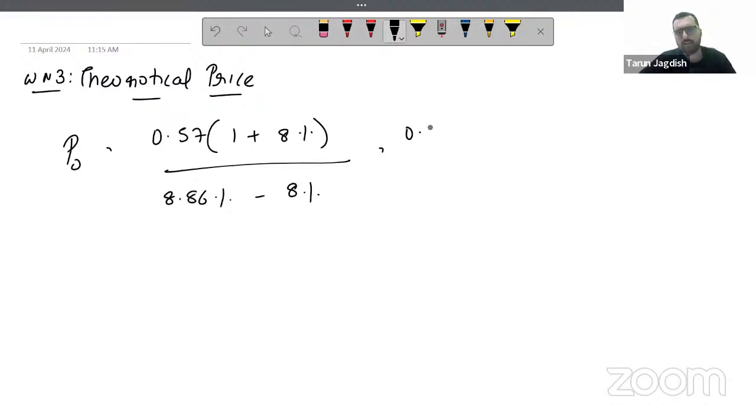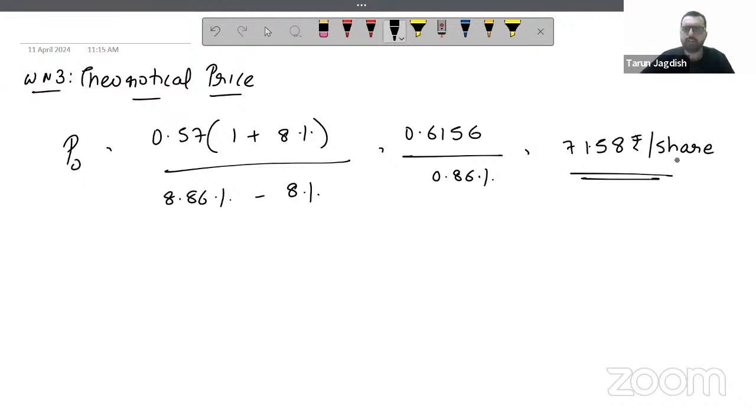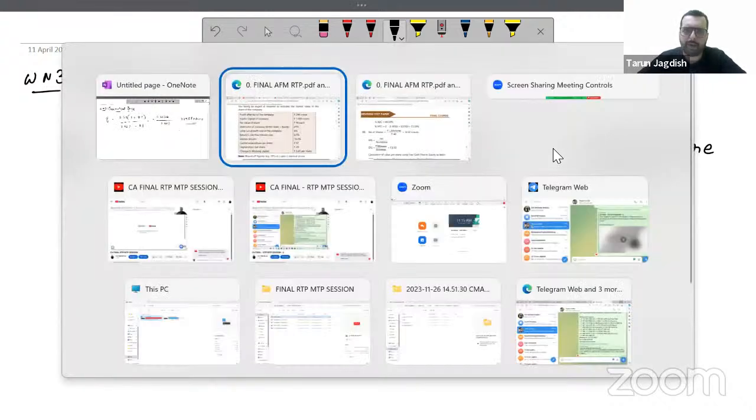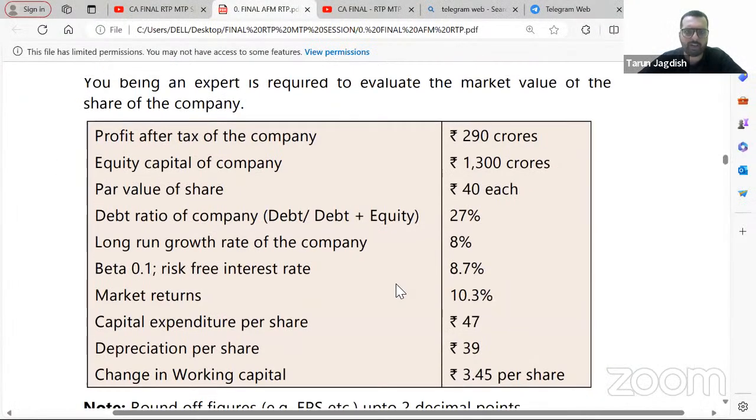That is 0.6156 divided by 0.86%. Okay, then you'll get the answer as 71.58 rupees per share. So as per this, the price per share should be 71.58.